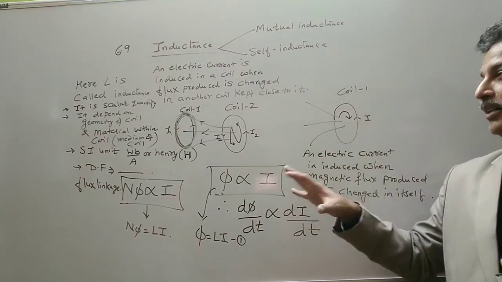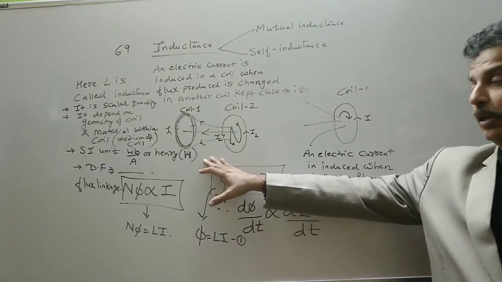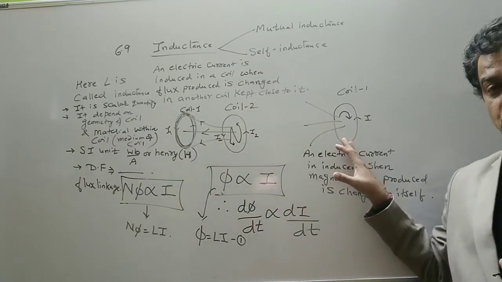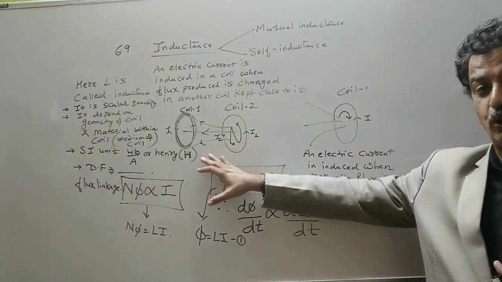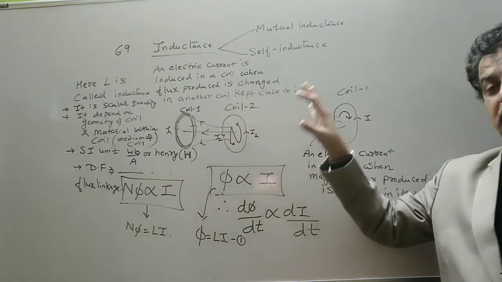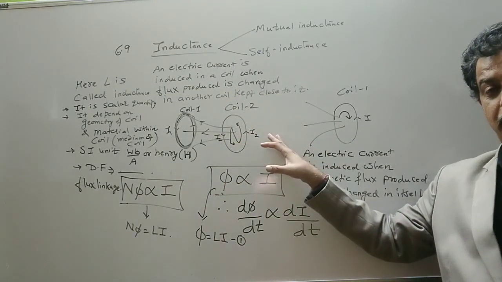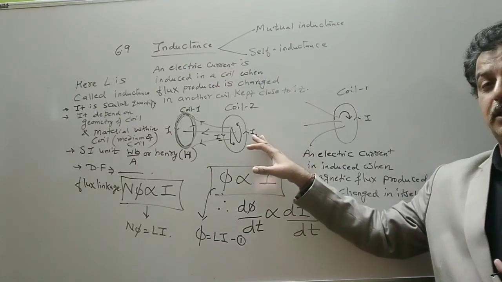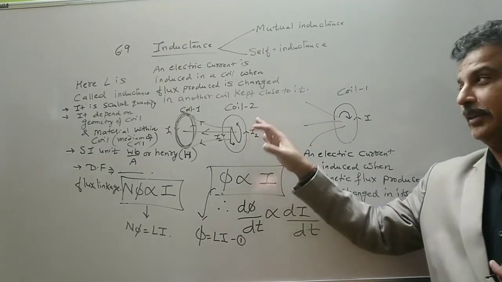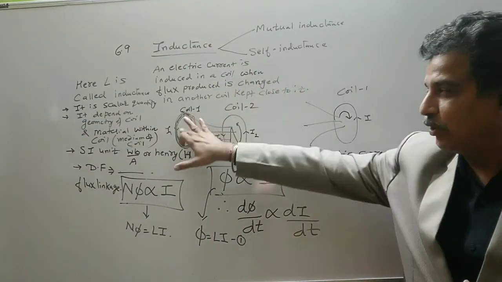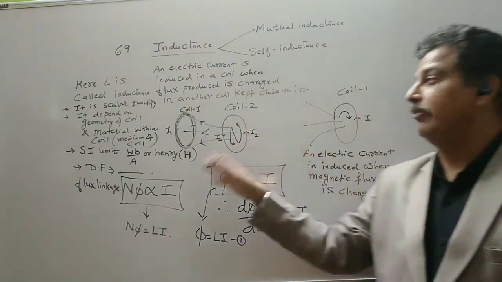Now we may have a system of two coils or we have a single coil. If we have a system of two coils, we set up a current in one coil, it will produce the flux. That flux is linked with coil 2, that will be called a flux linkage.